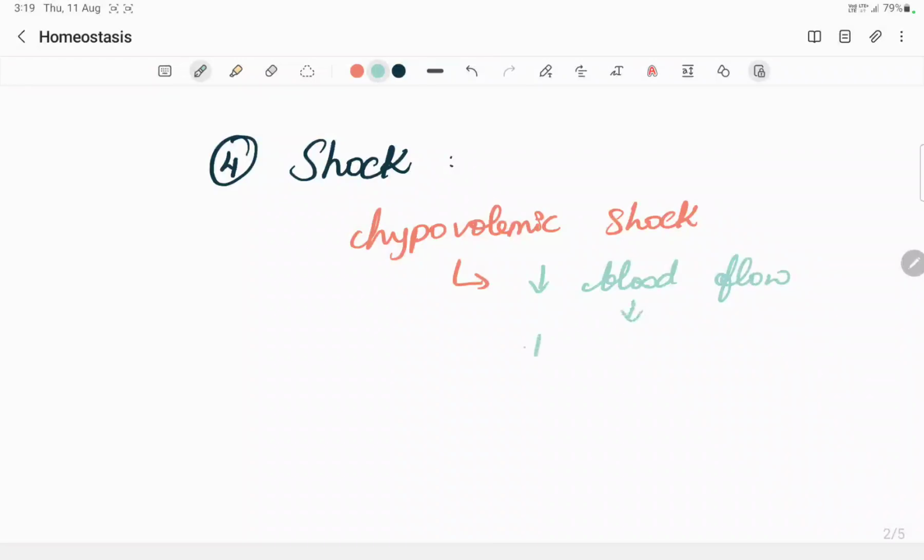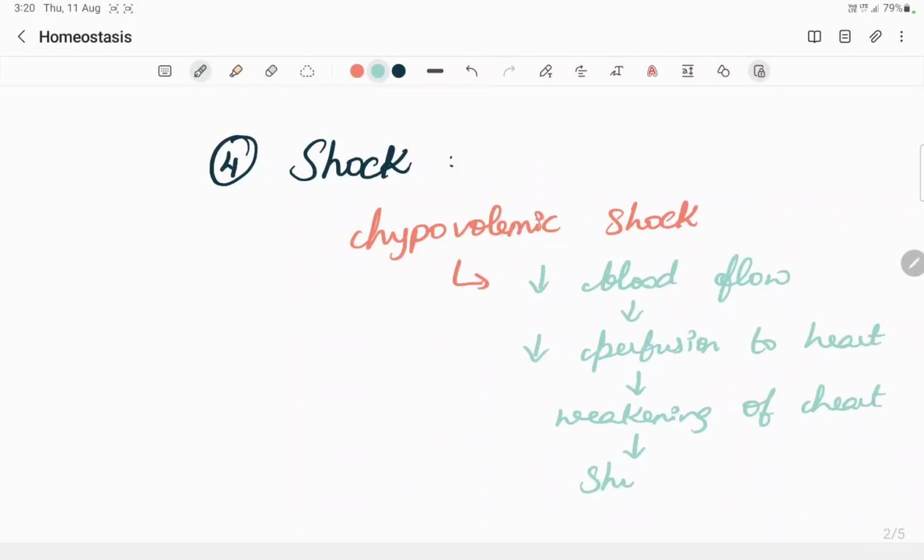Which further leads to a decrease in the perfusion to the heart, which leads to weakening of the heart, further leading to worsening of the shock.